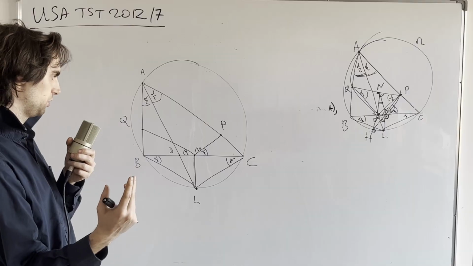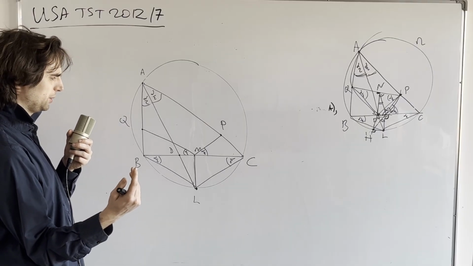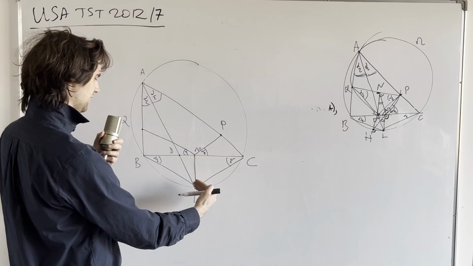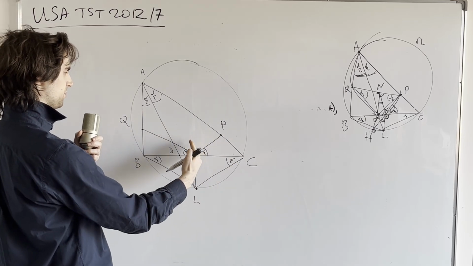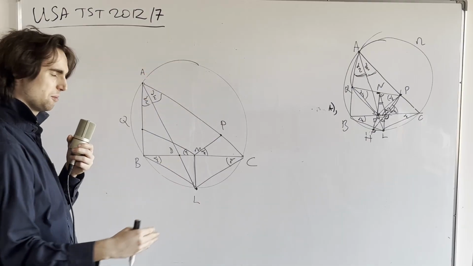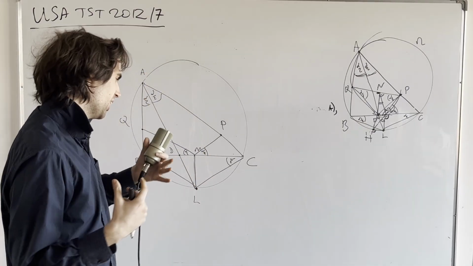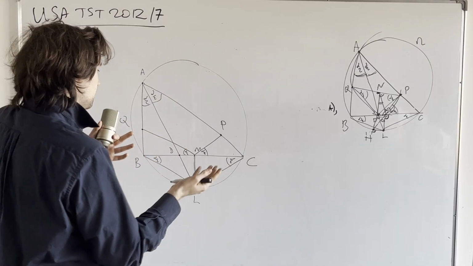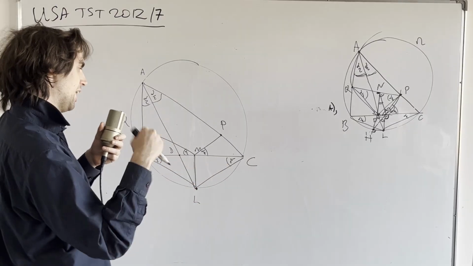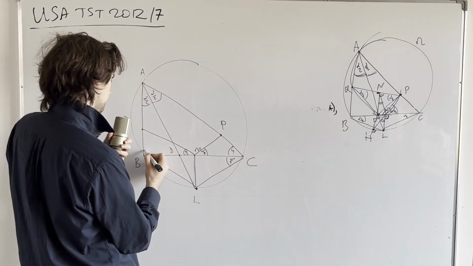Things are parallel to each other here. A lot of things. And finally, we need to prove something about LC, LB, MP, MQ, MN, LA. It seems like there's some sort of connection going on here. Maybe there's something to this, maybe not. However, let's continue. So, if this is gamma, if this is beta.